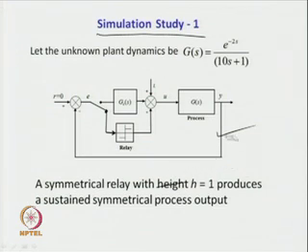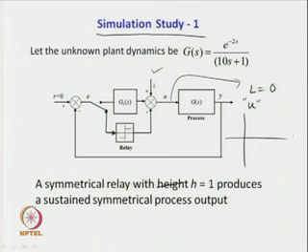Now, this structure shows that when the relay is connected with the unknown process and some static load disturbance is present, in that case what will happen? The process input will be asymmetrical. As we know, when L is equal to 0, what will be the form of the U? U will assume some symmetrical output waveform of the form of square or rectangular pulses.